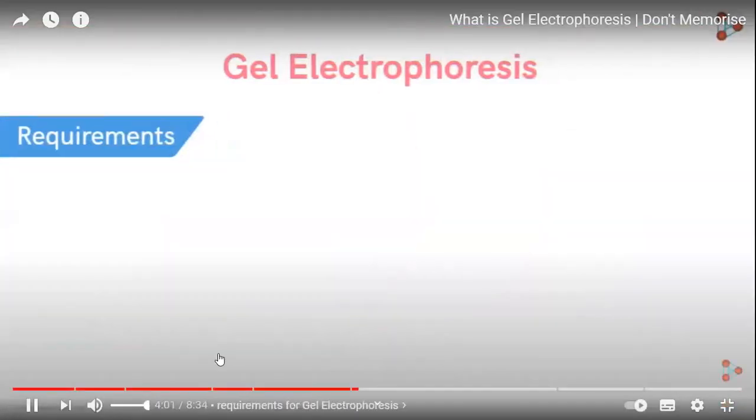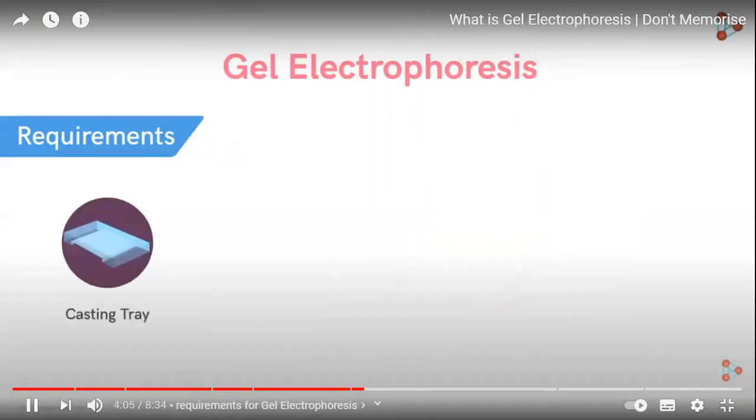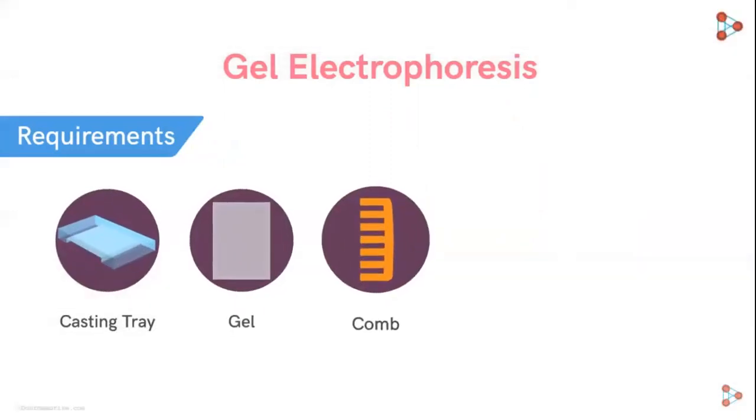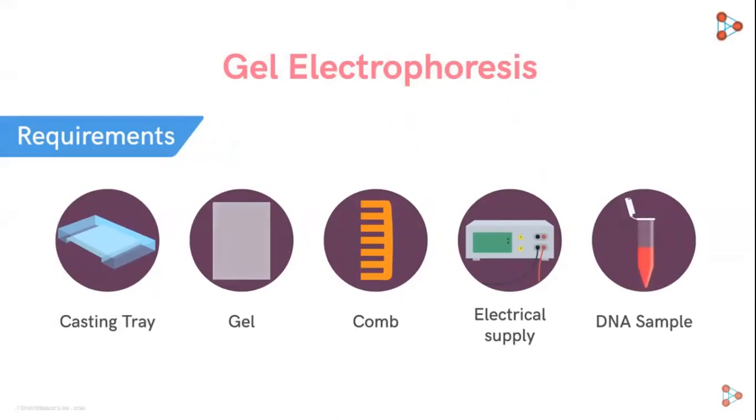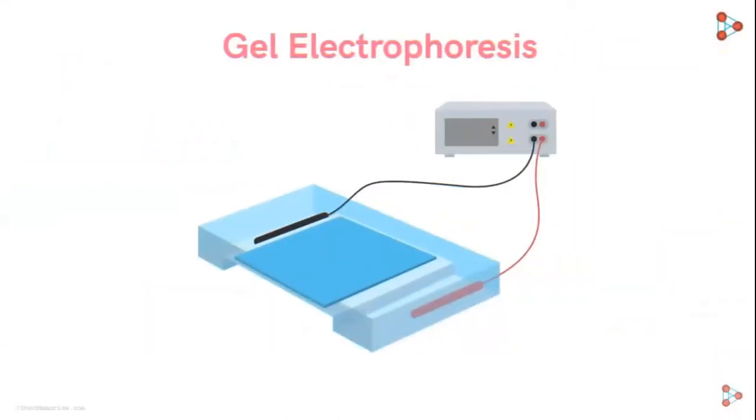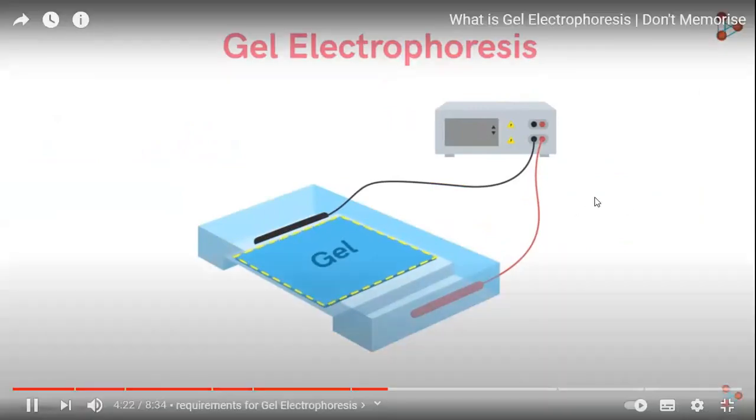The first requirement is the complete setup. This will include the casting tray, gel, a comb for making wells in the gel, electric supply, and most importantly, DNA sample with different sized DNA fragments. Here's an illustration of the casting tray containing the gel in which we will load the DNA mixture.